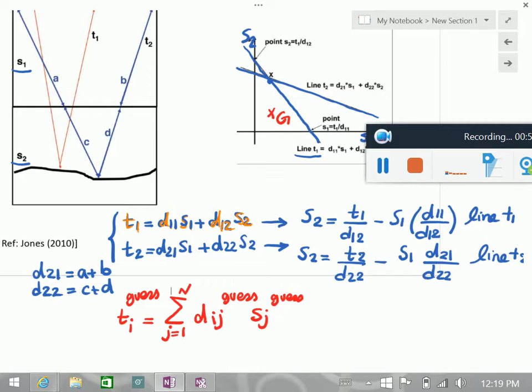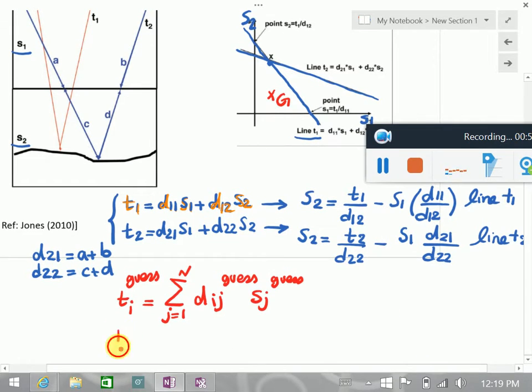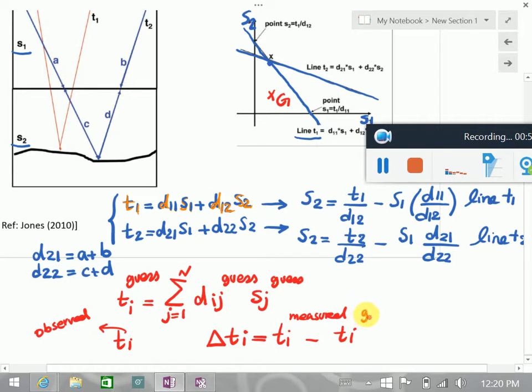Now we know what is Ti observed. So we can always calculate kind of an error. It would be Ti, whatever we have measured, minus what we would get from our initial model. Once we have a model, we have Dij, we can calculate this and so on.